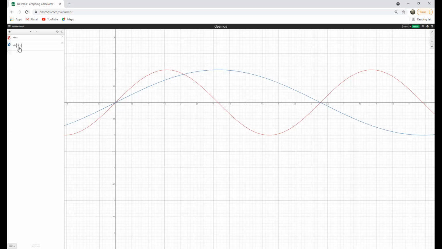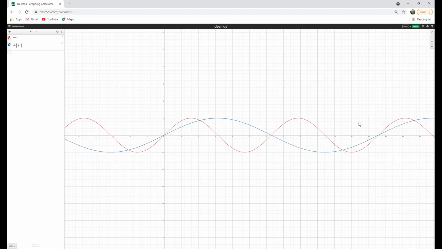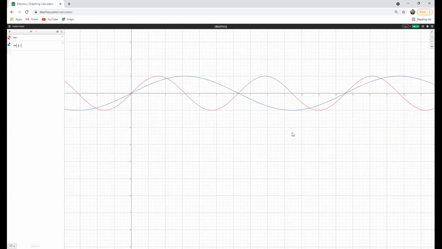Well, take a look at this. If I multiply x by a half, by smaller numbers, the behavior is absolutely different. The red function is your sine function. Here, the blue function is sine of a half x, which has a larger period. The period of the blue function is 4 pi. The period of the sine function is 2 pi.